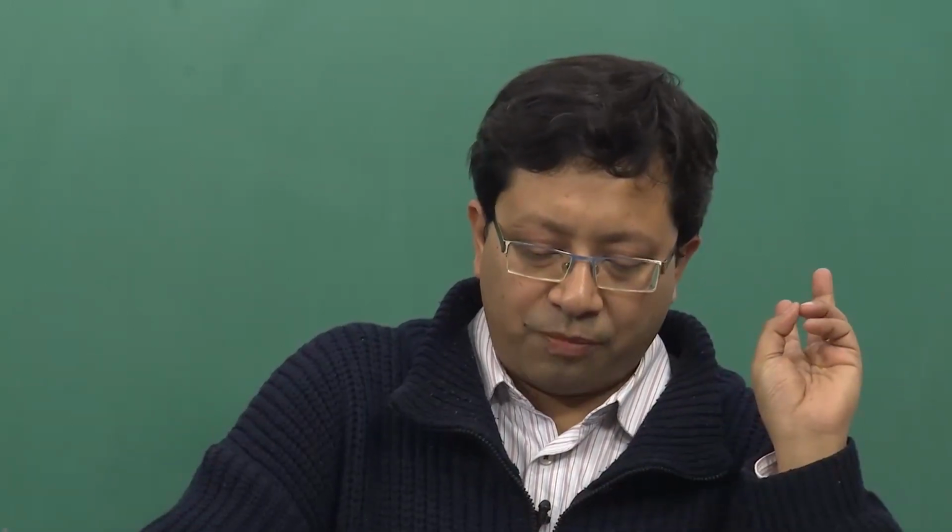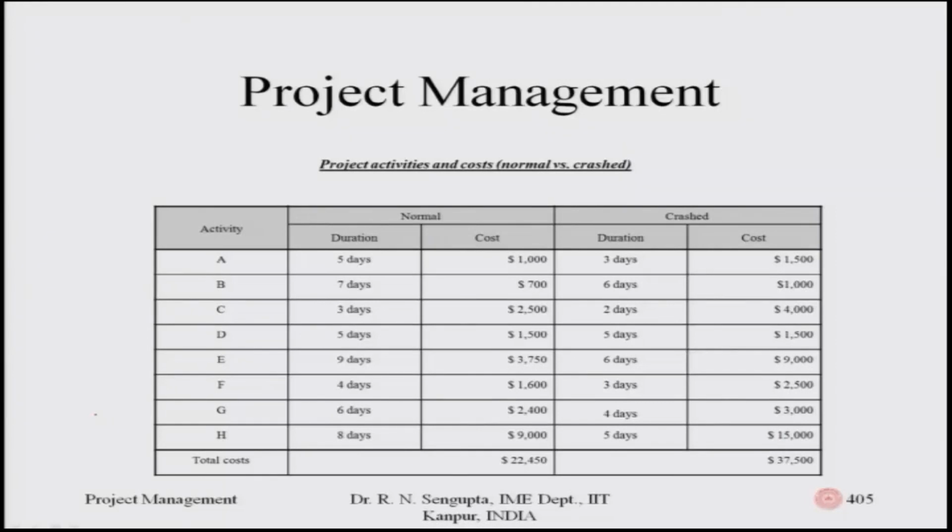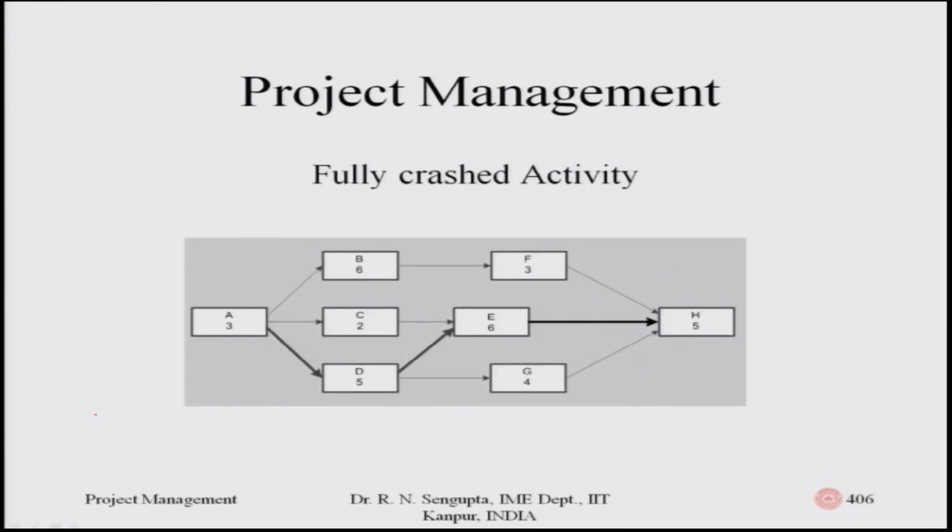Similarly, for B it is 1 day and the cost is given; initially it was 7,000, now it is 1,000. Similarly, for C it is 1 day, and the cost has increased from 2,500 to 4,000. D is 0 days, obviously there is no increase in the cost. E is similar, as given, and all the costs are given. The fully crashed activities are given as they are.